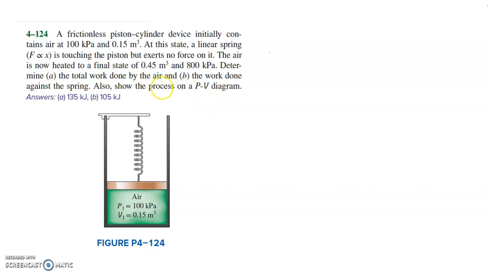So we have done this similar type of question in class. For this kind of question, you have to calculate the area under the curve. First is to draw the PV diagram so that you can clearly see which area you want to calculate. So your initial state first is 0.15 and 100 kPa.